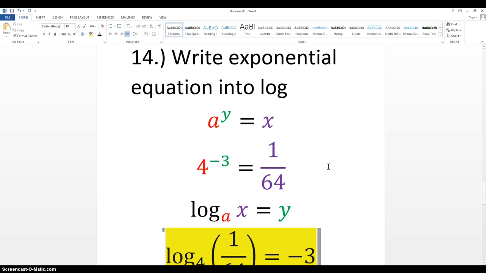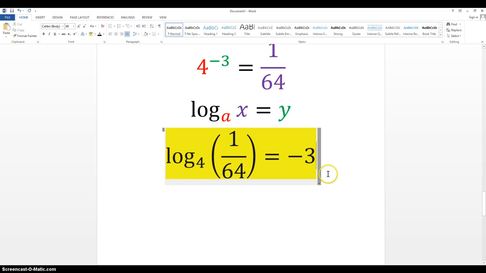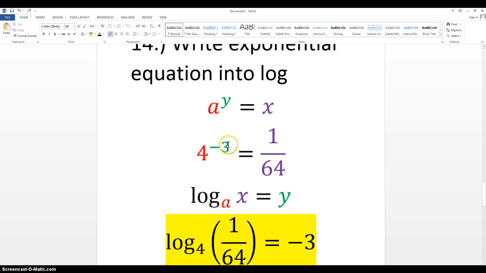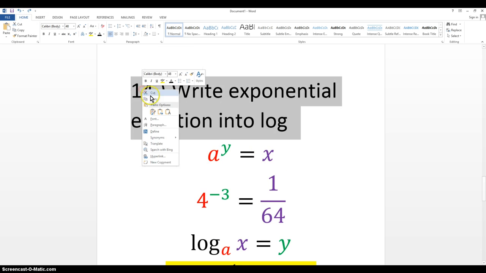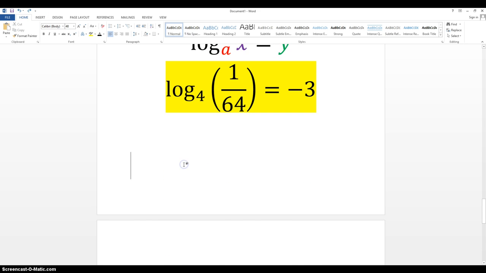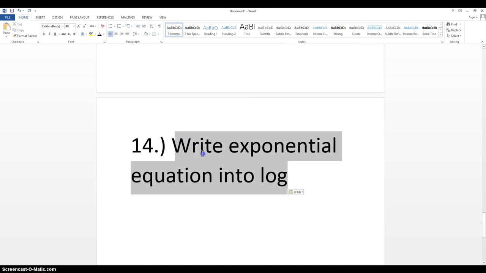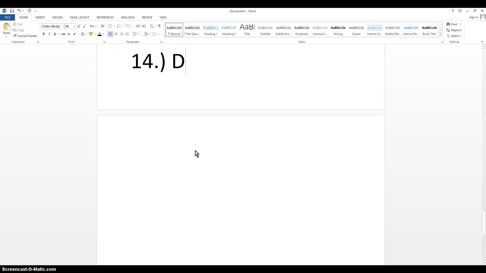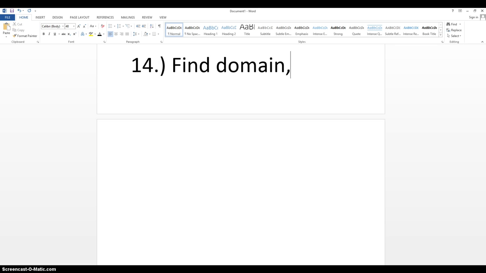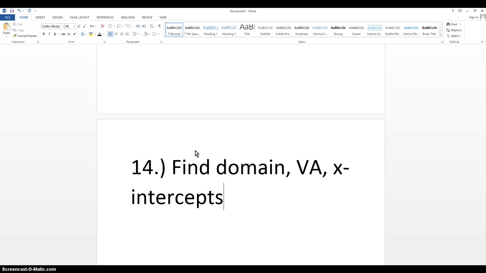Okay, so now let's move on to something much more complicated, and let's do 31. Number 31 states to find domain, vertical asymptotes, x-intercepts, and sketch.